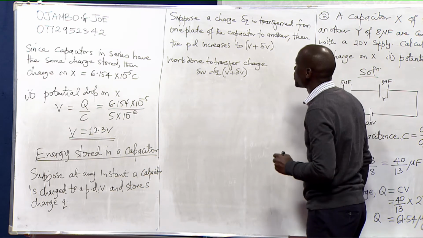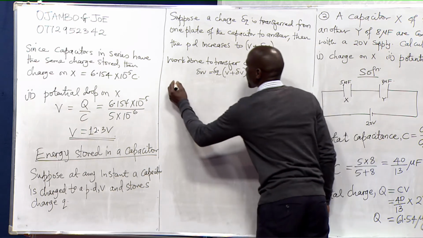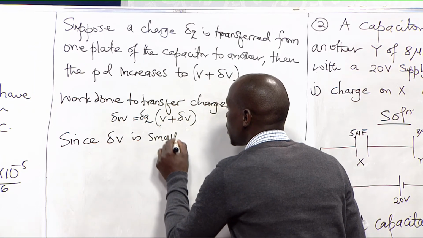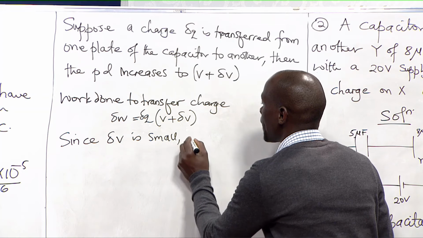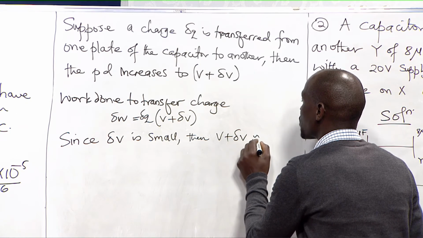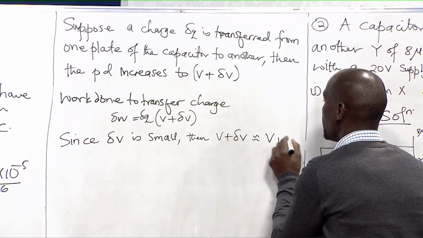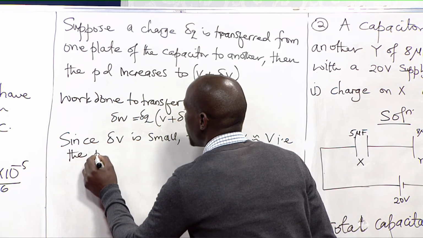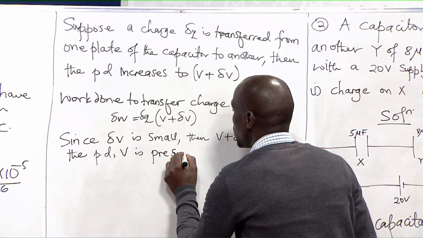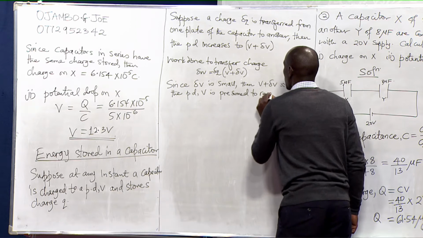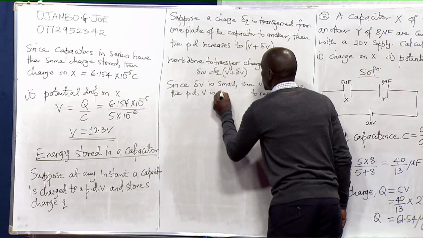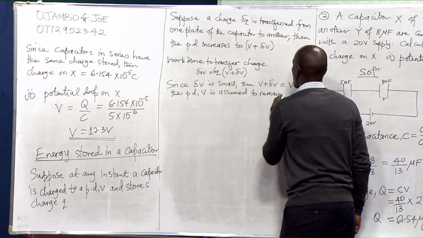So I can put that in writing and say, since dV is small, then V plus dV is approximately equal to V, i.e. the PD V is assumed to remain constant.